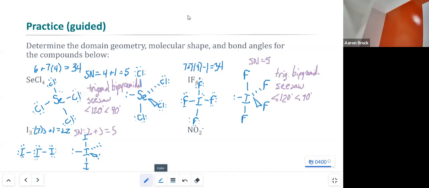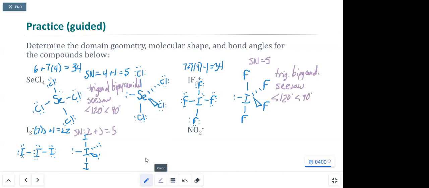So from that standpoint, if we are looking at the geometry piece again, we're still talking about trigonal bipyramidal.